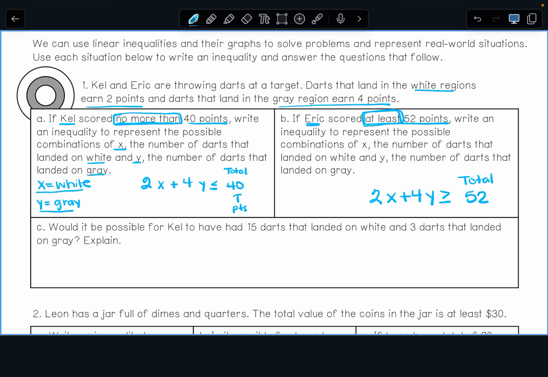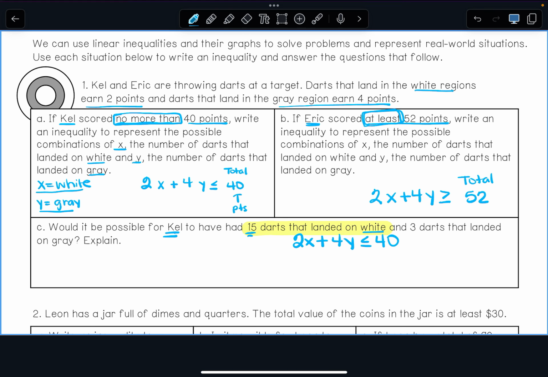Okay. So first thing we know is that we're going to use the inequality that we wrote down for Kel. So I'm going to write 2x plus 4y is less than or equal to 40. And we want to plug in the information that they're giving us. 15 darts that land on white.